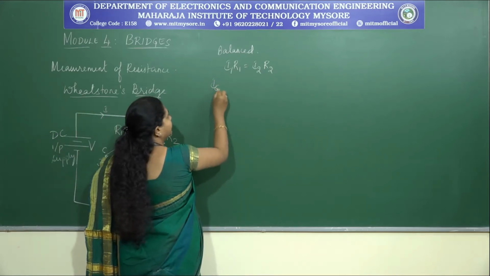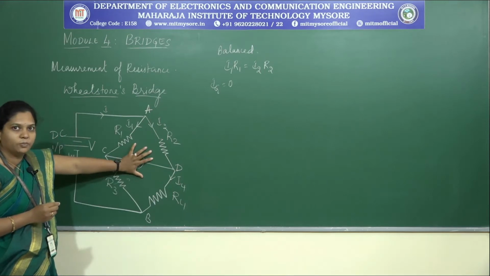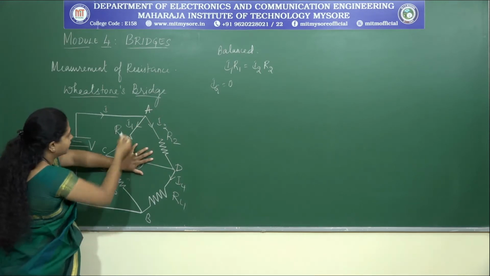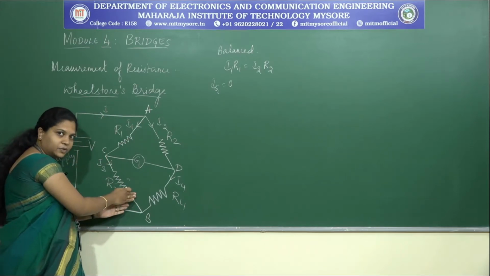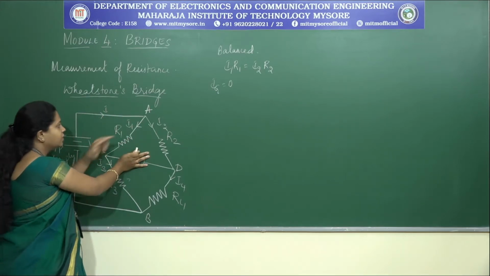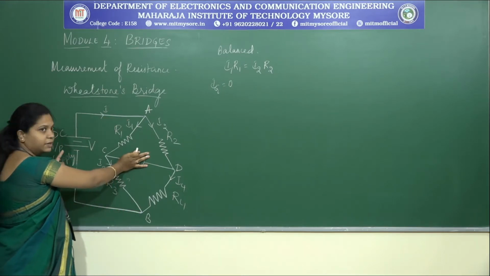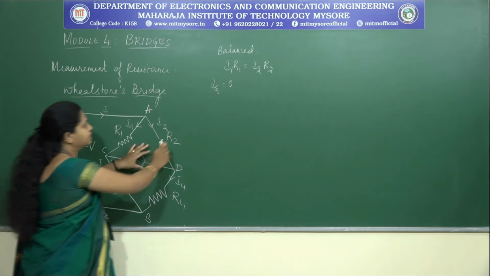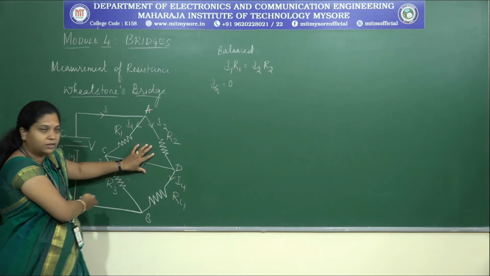So the current flowing through the galvanometer, assuming it to be 0, what will happen? The current flowing through I1 will be the current flowing through I3. Do you agree with that? If this is 0, I1 current is the same current flowing to I3 and it is coming back to the supply. Similarly, I2 current flowing here is the same as I4 current going back to the supply.